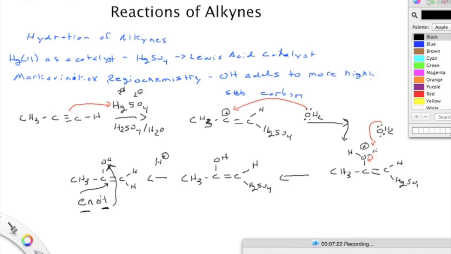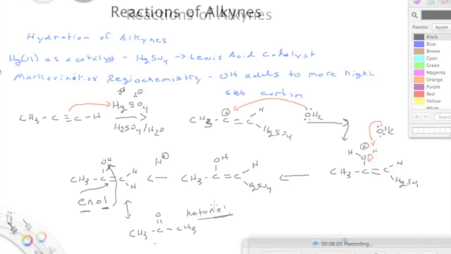Now enols undergo something which is called tautomerism, and we'll talk about that in just a minute, except for the fact that you should note that the equilibrium between the tautomers, which is what each individual piece is called, lies in the form of the ketone, and so we should just draw this. So like so, your final product that you end up with is actually the ketone here. This is the final product that you end up with.